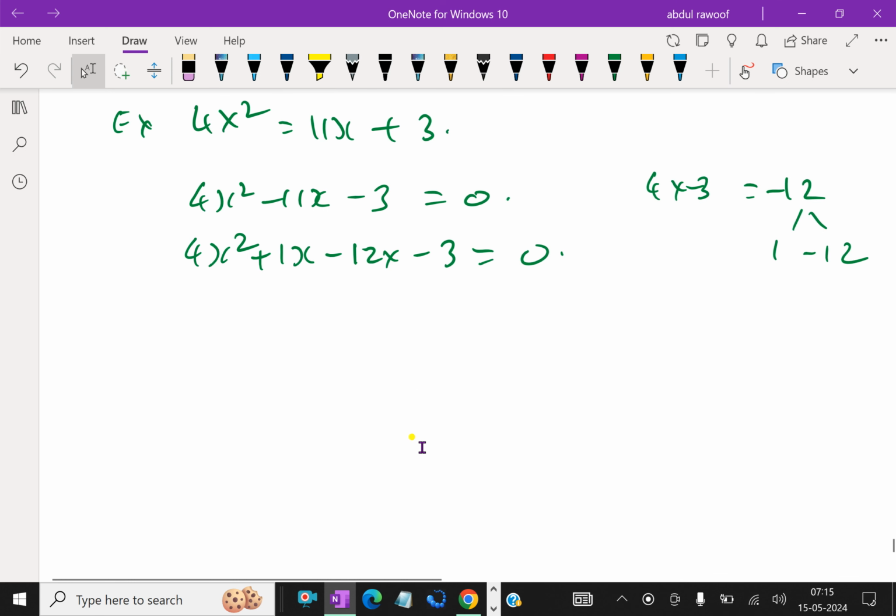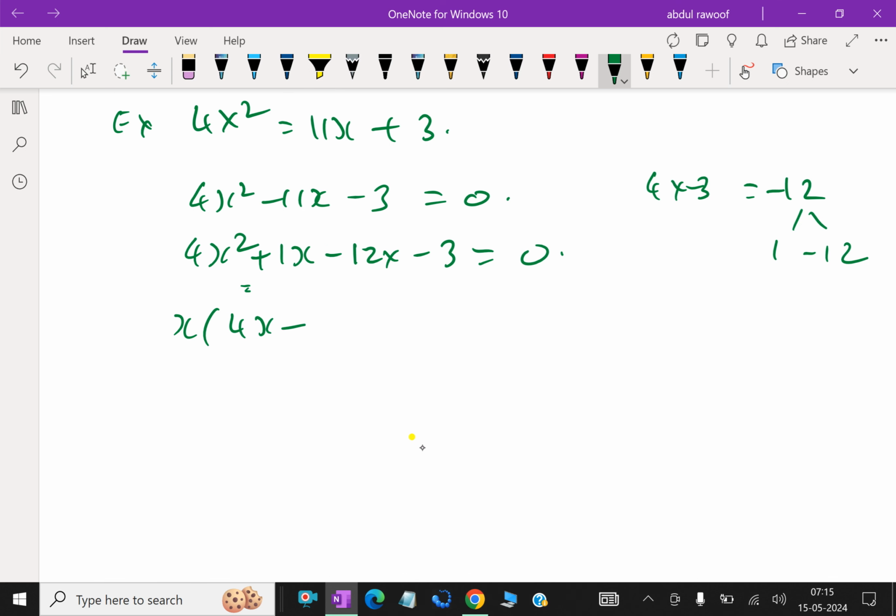Then look at here. In the first two terms, the common factor is x: x into 4x plus 1. From minus 12x and minus 3, the common factor is minus 3: minus 3 into 4x plus 1, because minus 3 into 4x is minus 12x and minus 3 into 1 is minus 3, equal to 0.